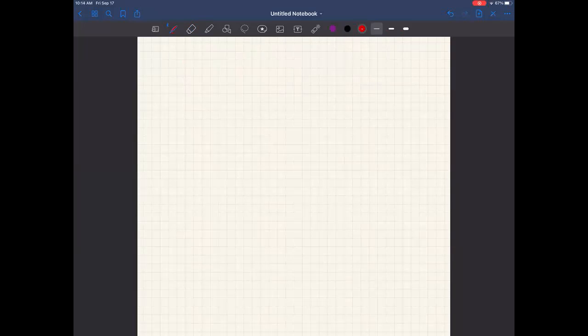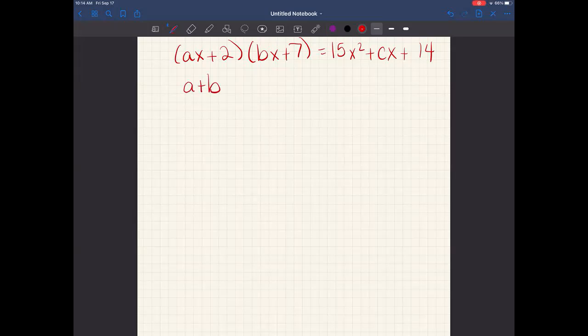Number 15, we have: if ax plus 2 times bx plus 7 is equal to 15x squared plus cx plus 14 for all values of x, and a plus b equals 8, what are the two possible values for c?